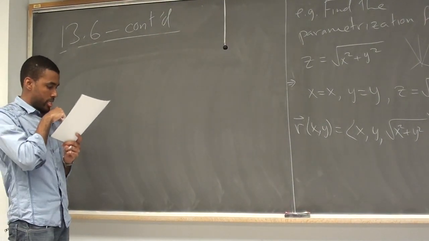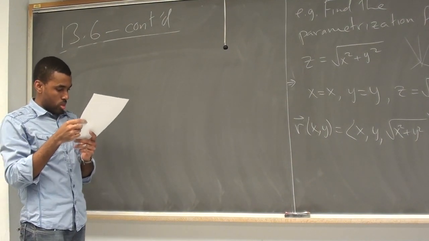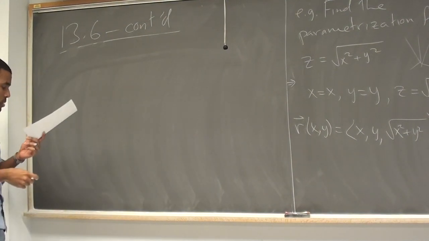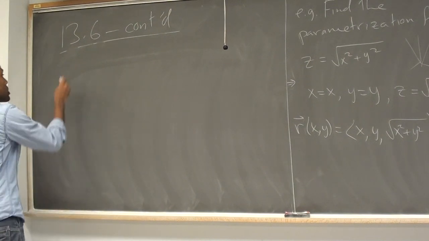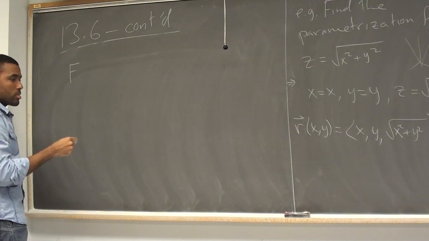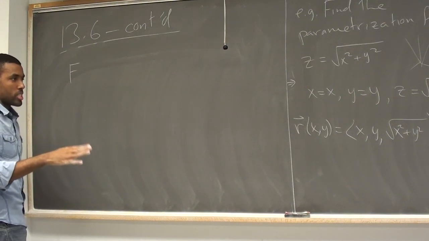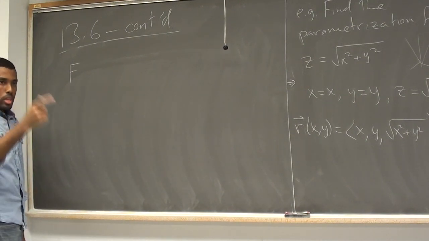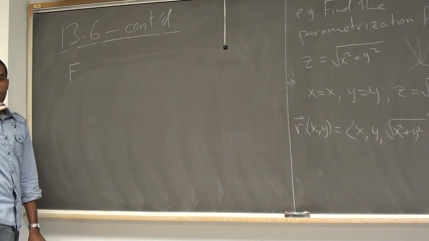So let's see, where are we now? Okay, let's talk about finding normal vectors and tangent points of parametric surfaces, because that's going to be pretty important. We should know how to do this in Calc 3, but now we're going to redo Calc 3 in the parametrized version.